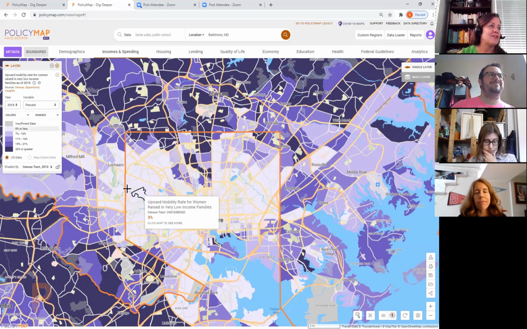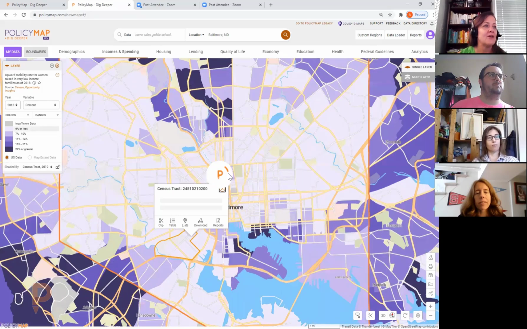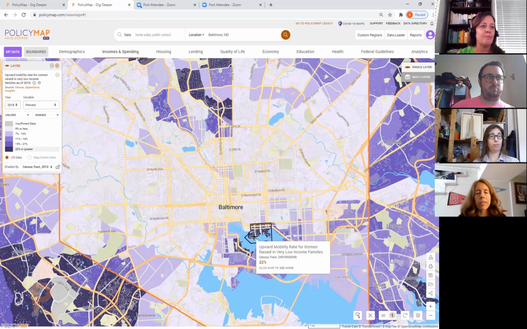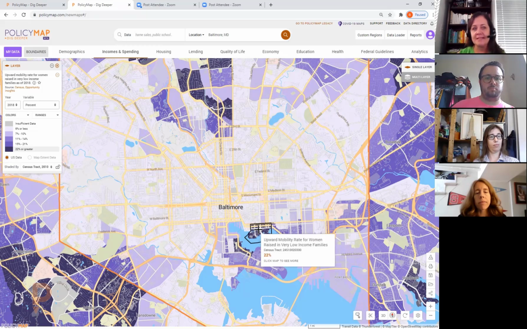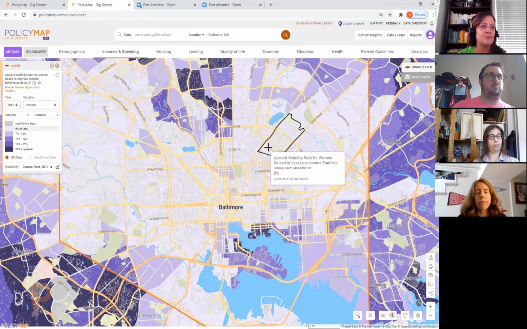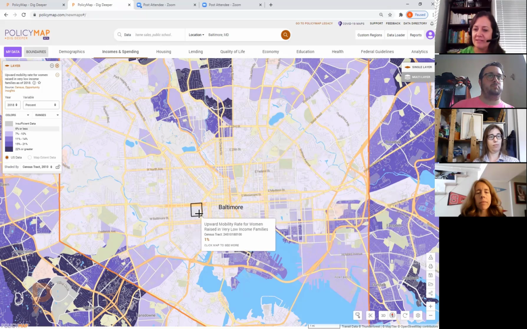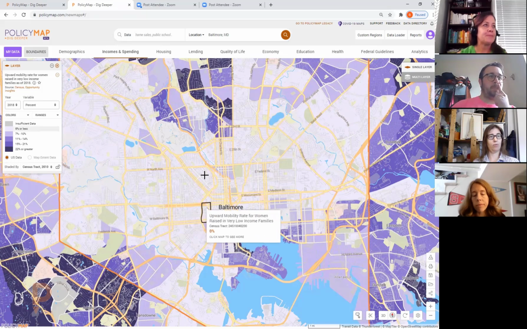But if you take a look, you can change how you're viewing this data. So if I keep on zooming in, you'll note that if someone had the good fortune of being born in a family of very low income in or around the harbor, the probability of upward mobility is higher than if you go into the surrounding neighborhoods. And like I said, sometimes it's depressing data, but it's really important to see what's there.